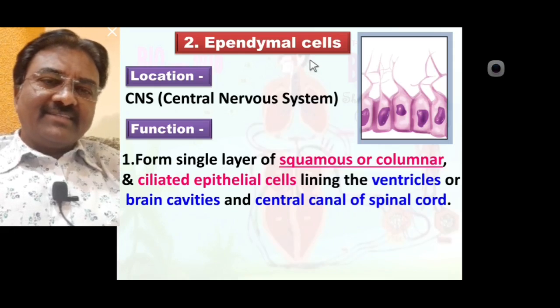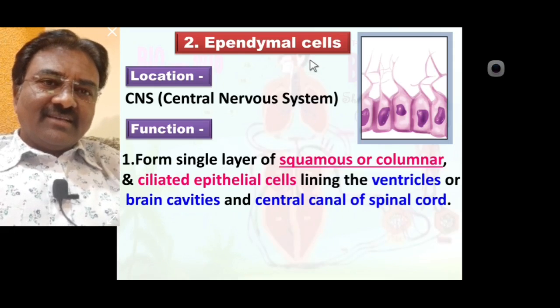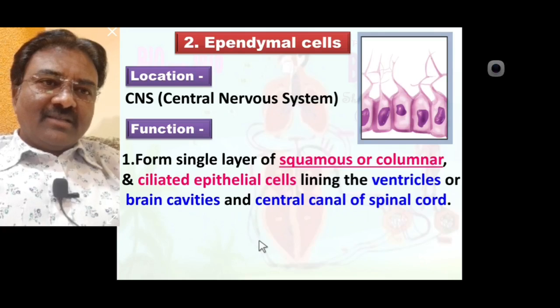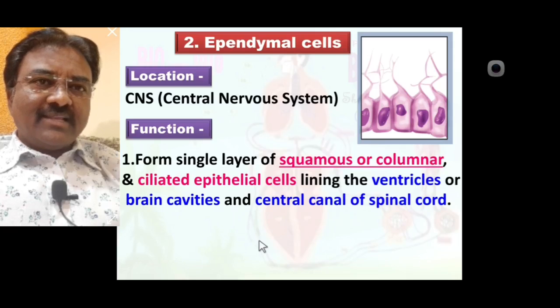made of squamous or columnar or ciliated epithelial cells of ependymal cells. Always remember, this is also a most important function. Ventricles of the brain or cavity contain which type of neuroglial cells? Ependymal cells.